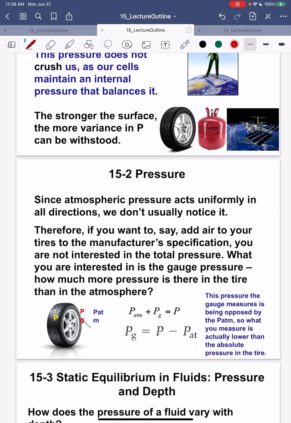The gauge pressure is the total pressure minus the atmospheric pressure. The gauge pressure is usually calculated as rho g h if we are talking about a liquid, but here we are going to talk about what is really measured inside this tire. And the total pressure, we also call it absolute pressure.